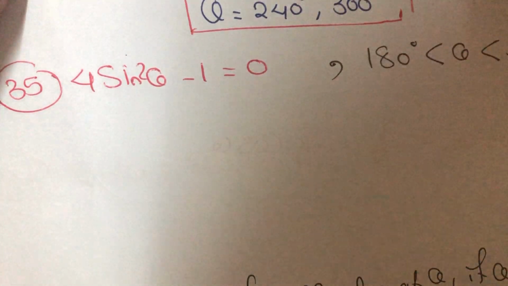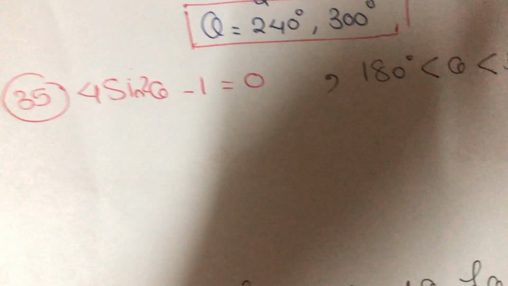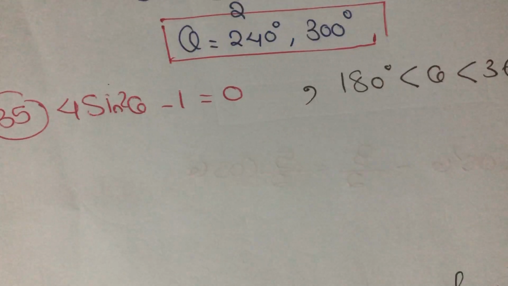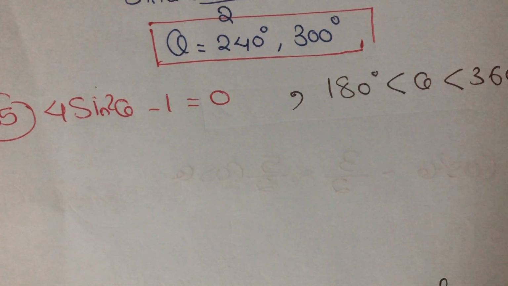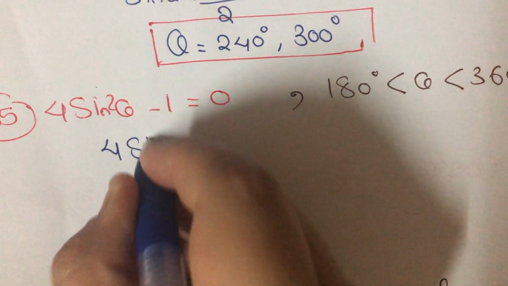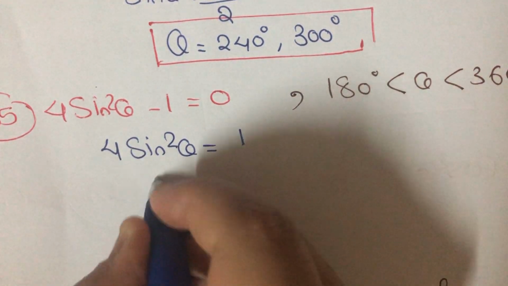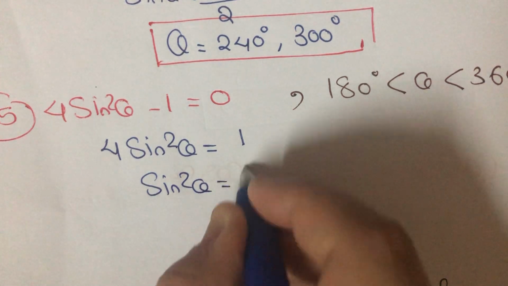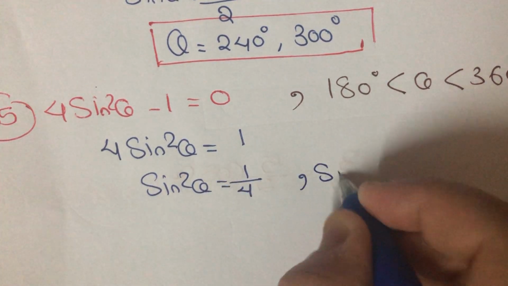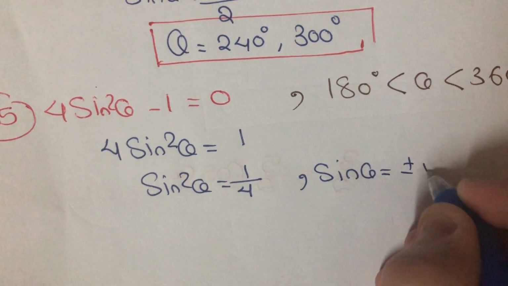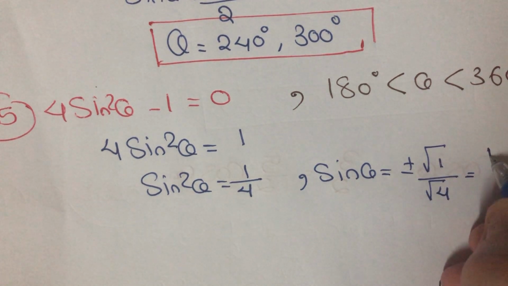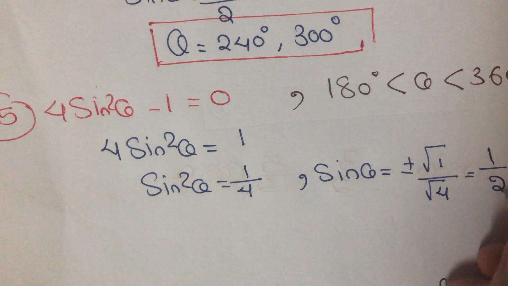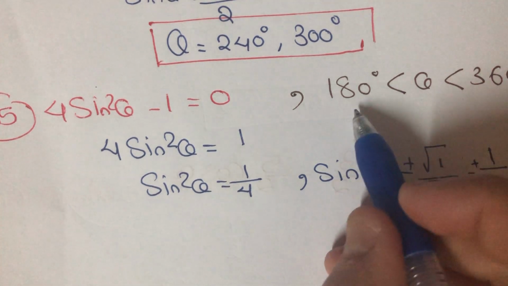Okay, over here also it's an easy one. From 180 to 360, 4 sine squared theta minus 1. I would start: 4 sine squared theta equals 1, sine squared theta equals 1 over 4, sine theta equals plus or minus root of 1 over root of 4, which is 1 over 2. On which quadrants?